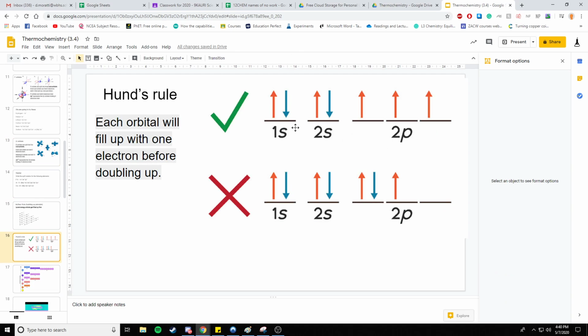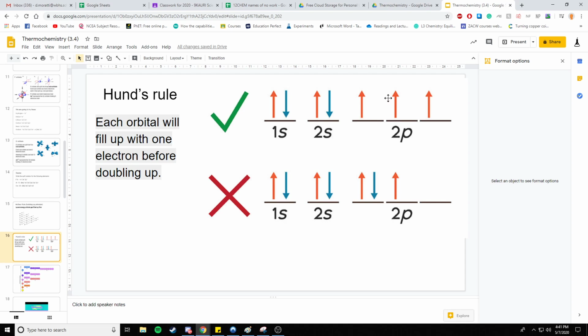And we also ended with this. We fill up our orbitals like this with 1 electron. So 1s can hold 2 electrons, and our electrons are written like arrows. 1s and 2s can hold 2 electrons each, and each arrow represents 1 electron. When we get to 2p, we can start singly filling up our orbitals before we double them up.